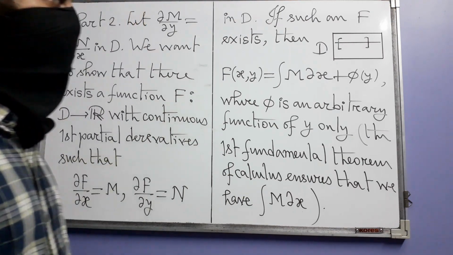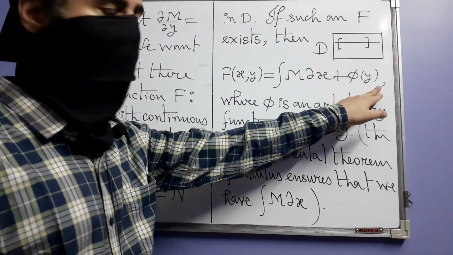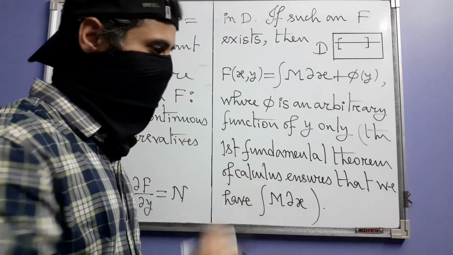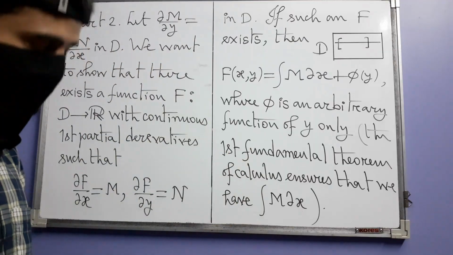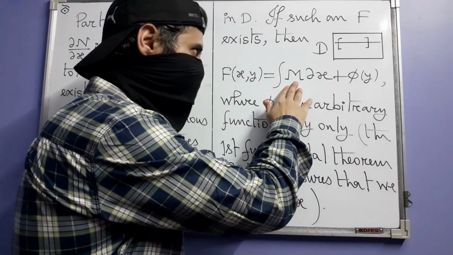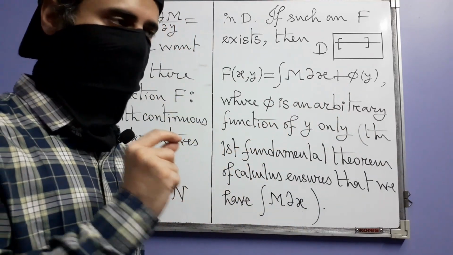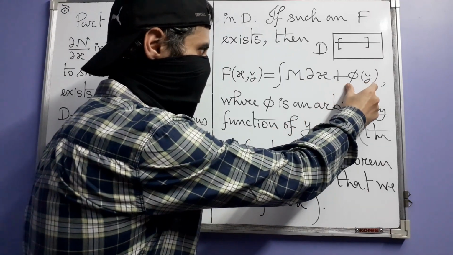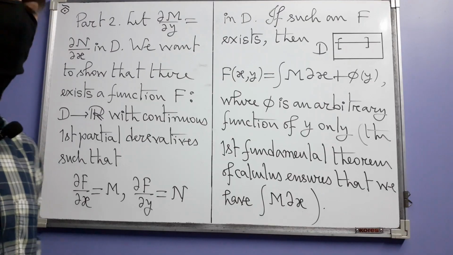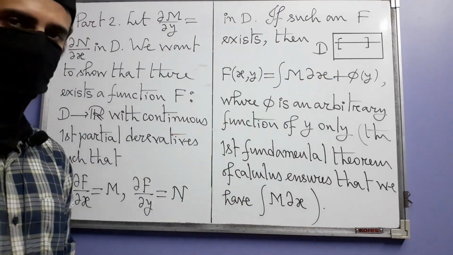That is why this exists, and if you add an arbitrary function, in case of a single variable function, you add an arbitrary constant. In this case, there is one variable which is being held constant. So that is why in this case you add an arbitrary function of that. Okay, so if f exists, then this has to happen.